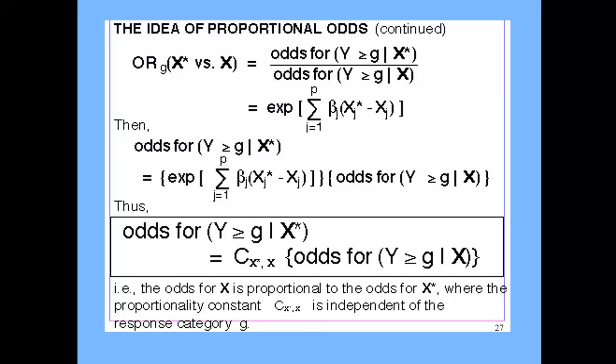That's what we mean by proportional odds. Or we mean that the odds ratio doesn't depend upon g. That's two ways of saying the same thing. The odds ratio doesn't depend upon g, or any one odds can be obtained from any other odds by multiplying it by some number that doesn't depend upon g. So that's what we mean by the proportional odds assumption. That's all it is. And if it's satisfied, you can use the proportional odds model.